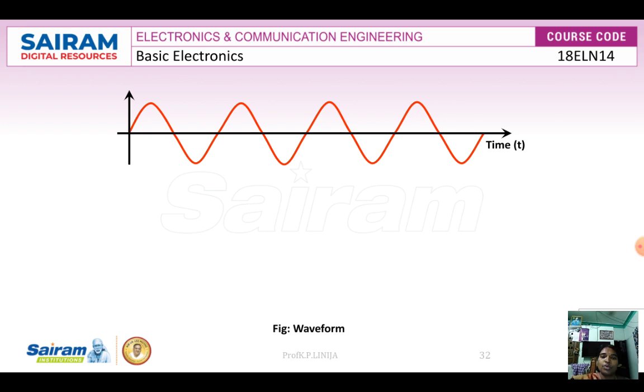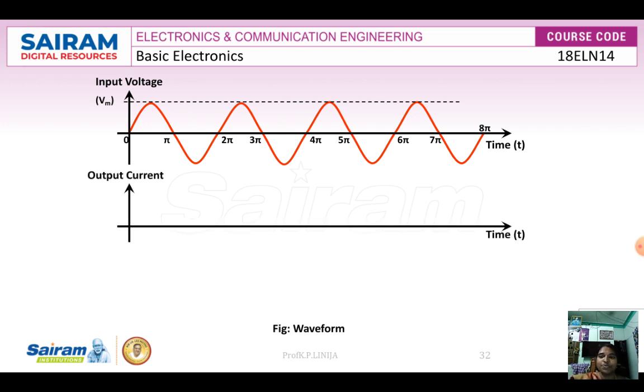Now we will see the waveform. This is our input waveform with time on the x-axis and input voltage on the y-axis. It starts from 0 and varies, with theta going through pi, 2 pi, 3 pi, 4 pi, 5 pi, 6 pi, 7 pi, 8 pi. The maximum voltage is represented by Vm.